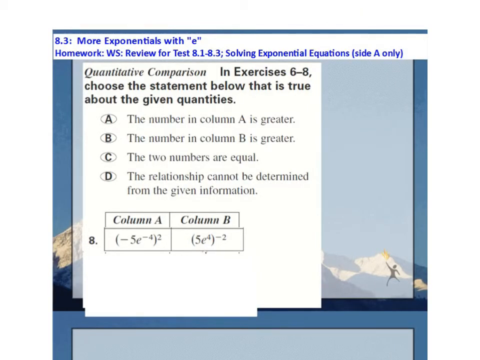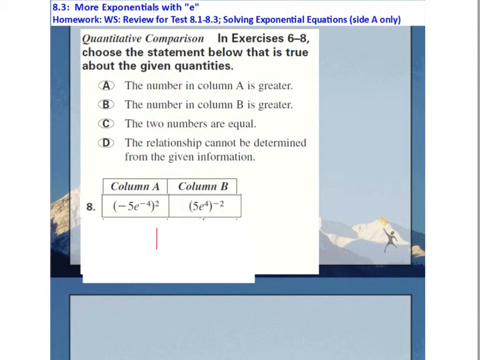Okay, same answer choices for number 8. The answer to 8 is A. If we simplify the left side, negative 5 squared is 25, and then we're going to get e to the negative 8, which moves that part to the denominator, so it's 25 over e to the 8th.